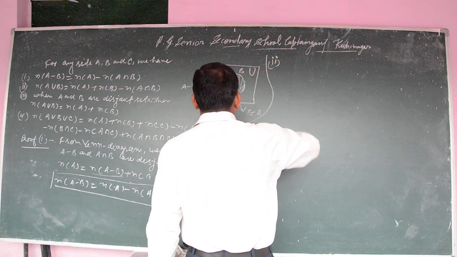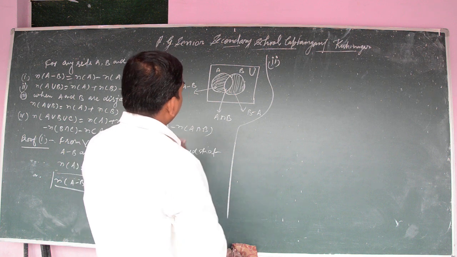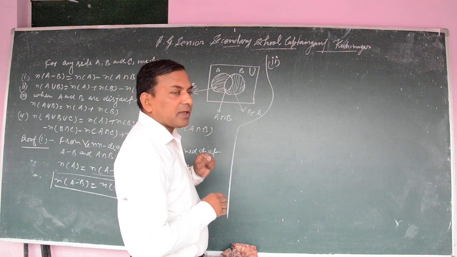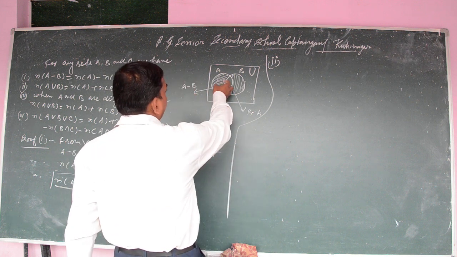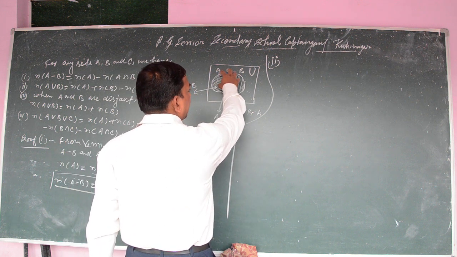Here we observe, what is A union B? A union B is that region which contains set A or set B or both.